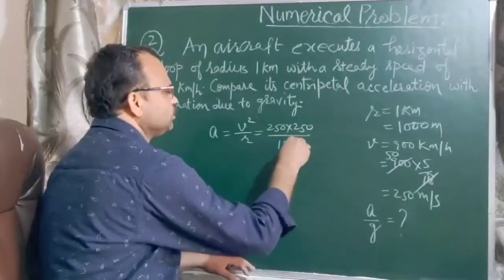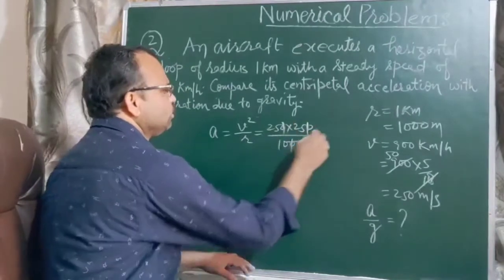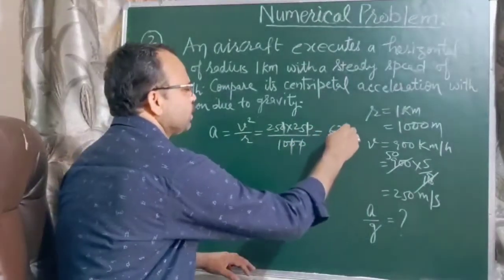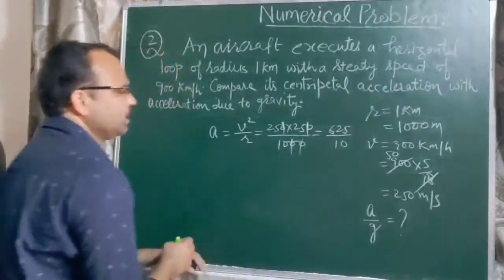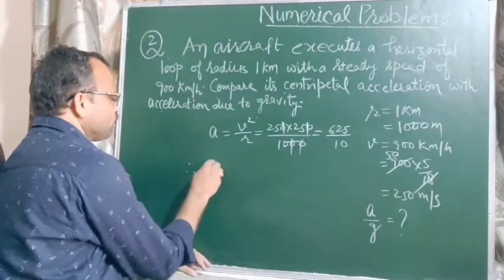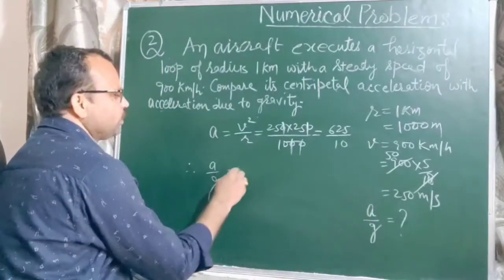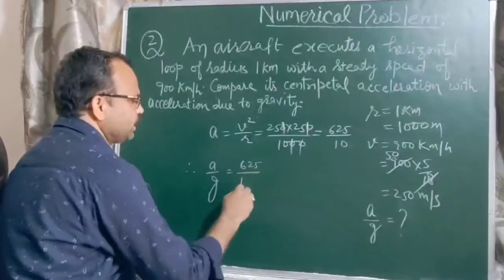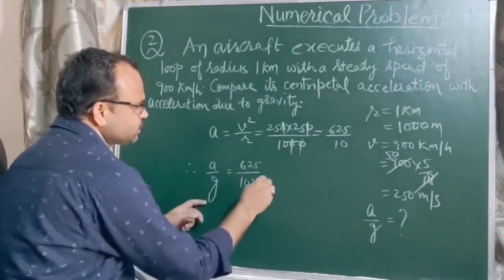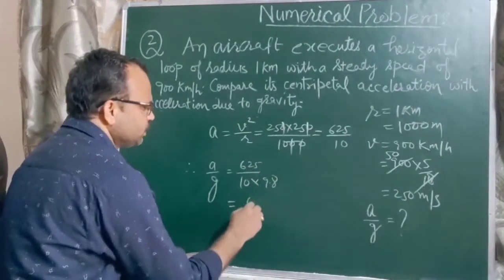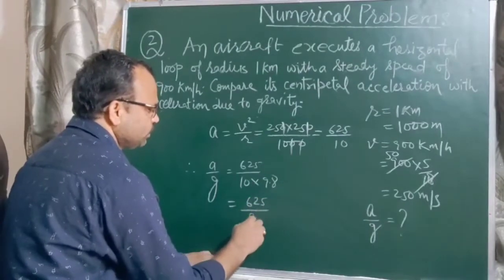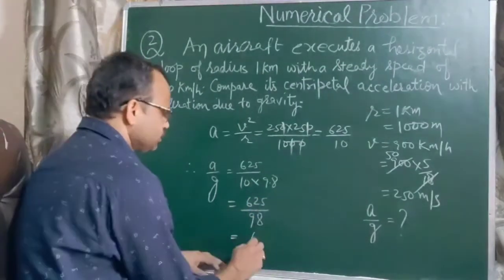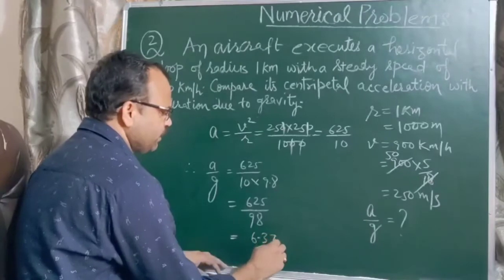Okay. So 0 0 cancel. So the value of a is 625 upon 10. Therefore a upon g equals 625 upon 10 into the value of g, which is 9.8. It means 625 upon 98. So 6.377.